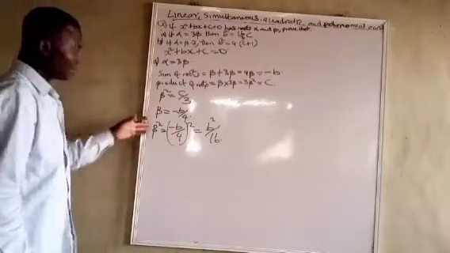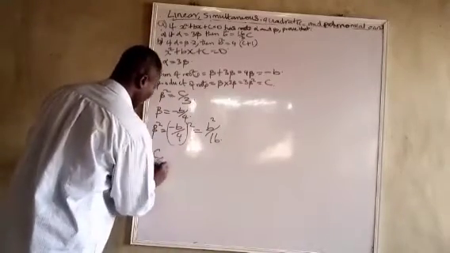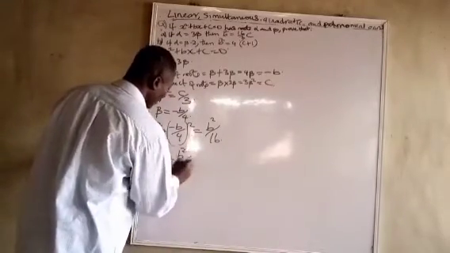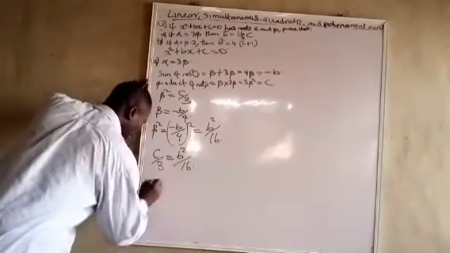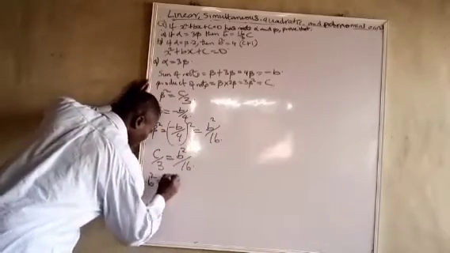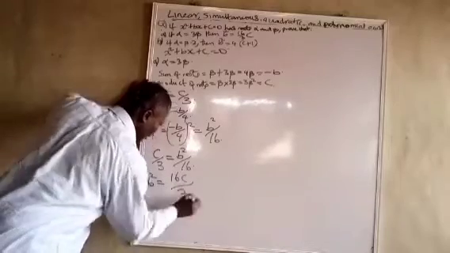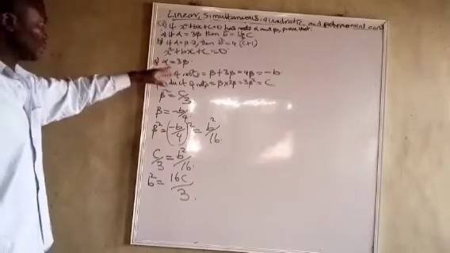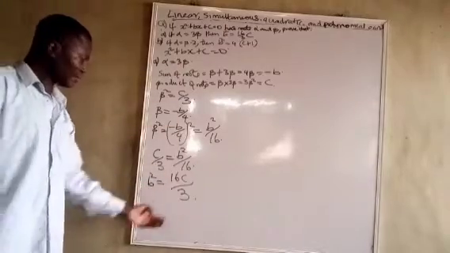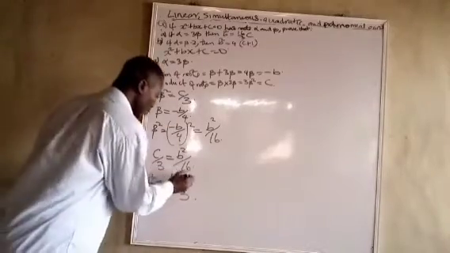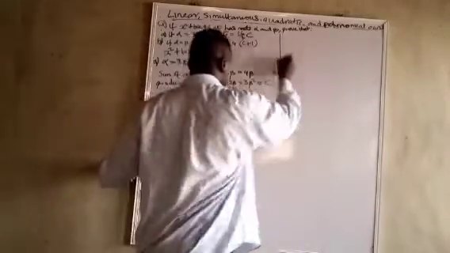Since we have beta squared, you can say c over 3 is equal to b squared over 16. So for us to get this expression, we multiply both sides by 16. So we have b squared equals 16c over 3. So when the relationship between the roots is that one is 3 times the other, this is the answer: b squared will be 16c over 3.